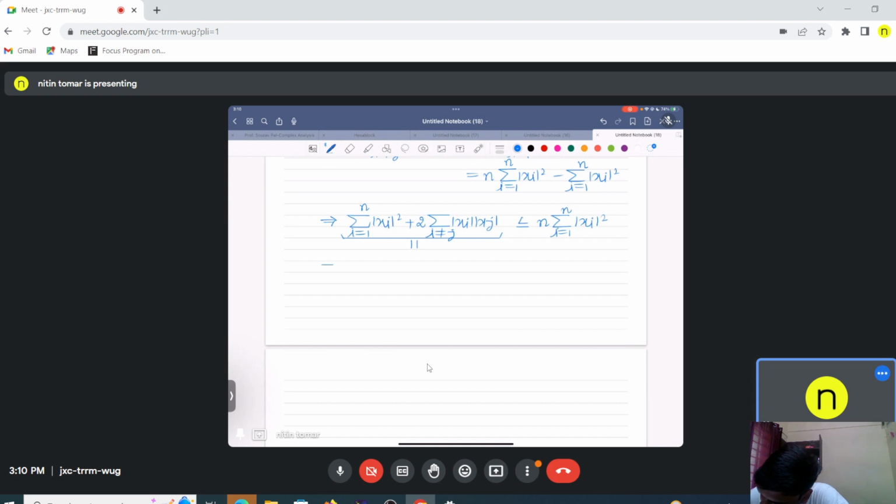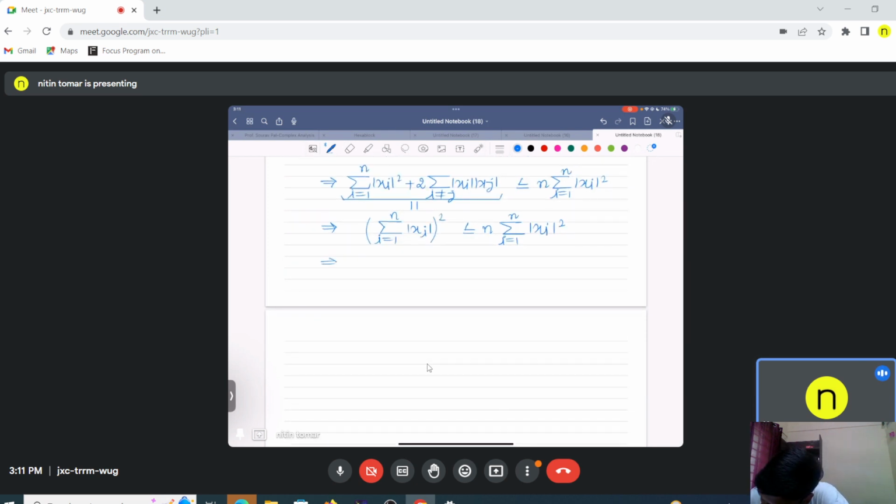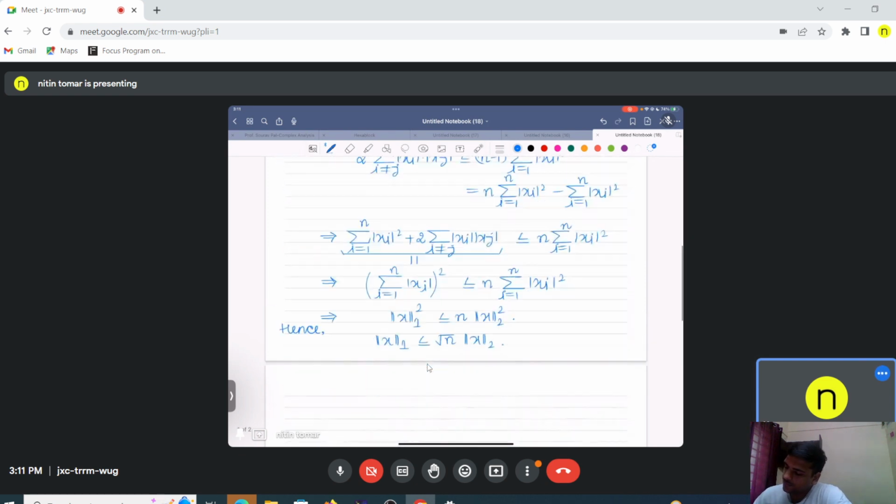Now this sum is precisely equal to the square of this, and if you look closely, this is precisely the one norm of x squared, and it is less than n times the 2 norm of x squared. So if you take the square root on both sides, you will have norm of x1 is less than or equal to root n times norm of x2, and this is precisely what we had to prove, so we have proved it.